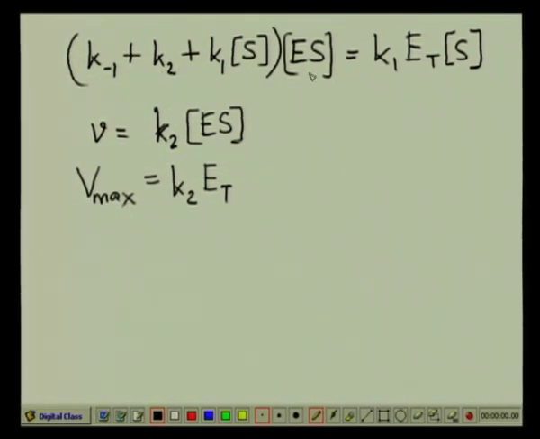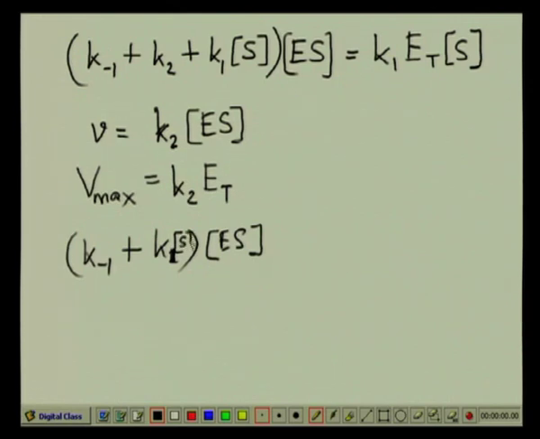Instead of K2 ES here, we are going to put V. So, I am going to have on the left hand side a K minus 1 plus a K2, not a K2, a K1S, sorry, a K1S plus a V actually, because we are looking at this and this together with ES, and the K2 and the ES form the V. And what do we have on the right hand side?